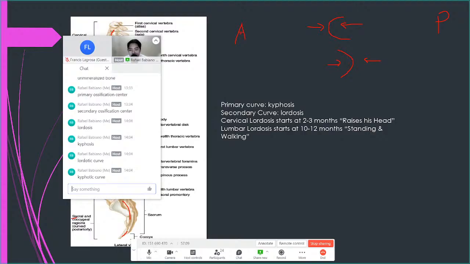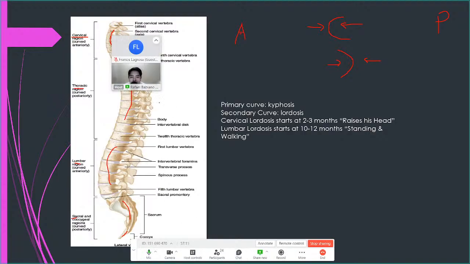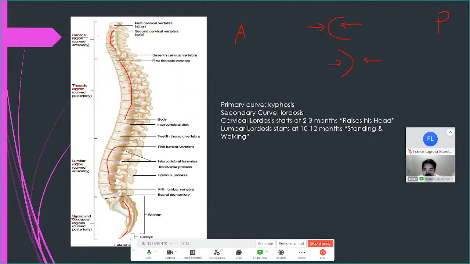Now if you look at your spine, your cervical region is a lordotic curve. Anteriorly it is convex, posteriorly it is concave. Your thoracic spine, anteriorly it is concave, posteriorly it is convex. This is a kyphotic curve or kyphosis.